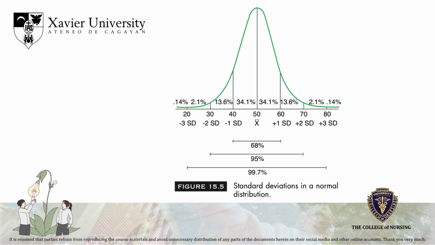Thus, in this example, nearly 7 of 10 scores are between 40 and 60. In a normal distribution, 95% of the scores fall within two standard deviations from the mean. So only a handful of cases, about 2% at each extreme, lie more than two standard deviations from the mean. Using this figure, we can see that a person with a score of 70 achieved a higher score than about 98% of the sample.